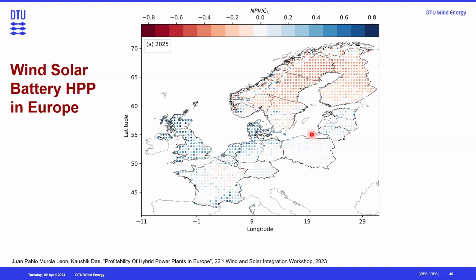What we see there is the NPV over capex chart. The higher the NPV over capex, the better the profitability, as it is a profitability index. So darker blue dots are more profitable.